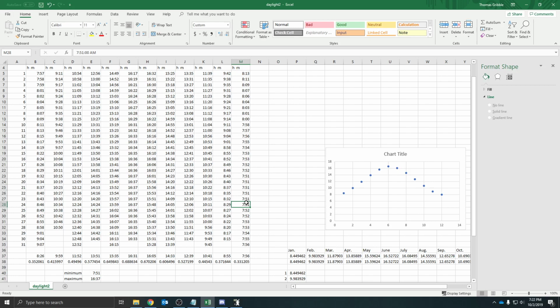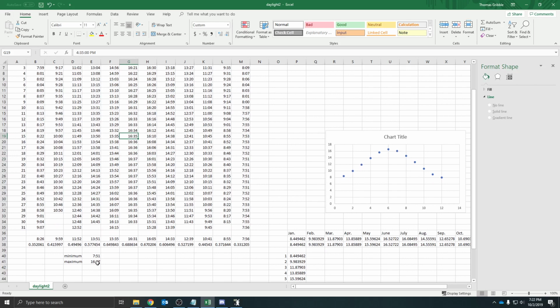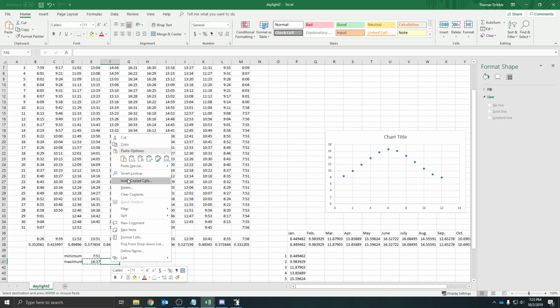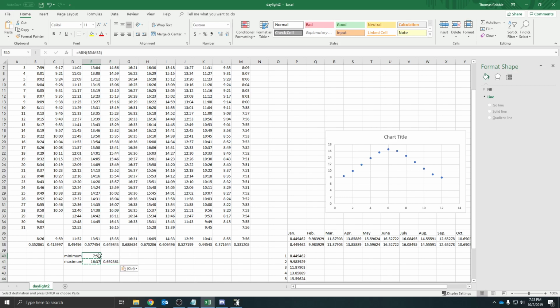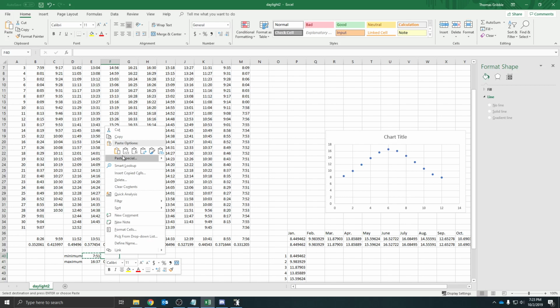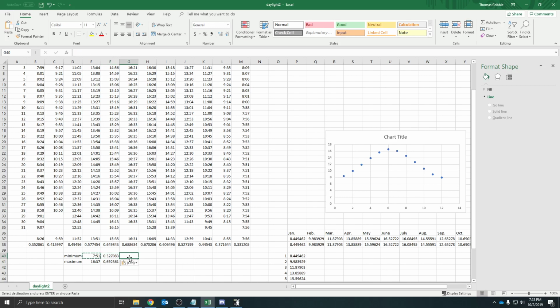Remember, if we want omega, it's 2 pi divided by 365. And then the amplitude we can get by finding the maximum value, which was here and here. If we take this value and subtract this value, so I'm going to paste this as a value, and then paste this as a value, and then multiply them by 24.